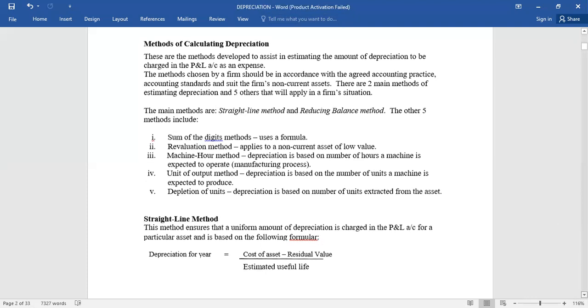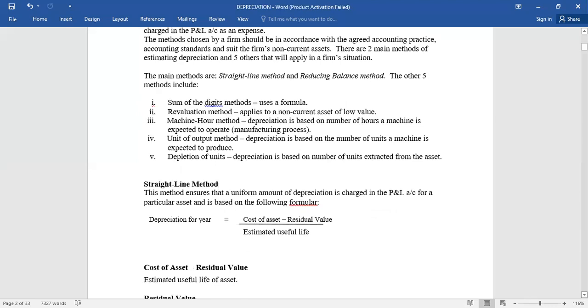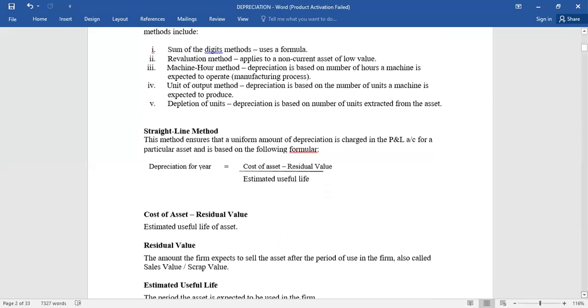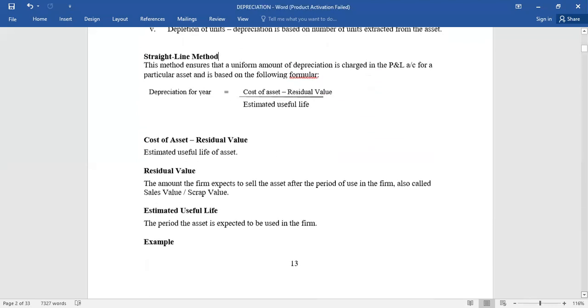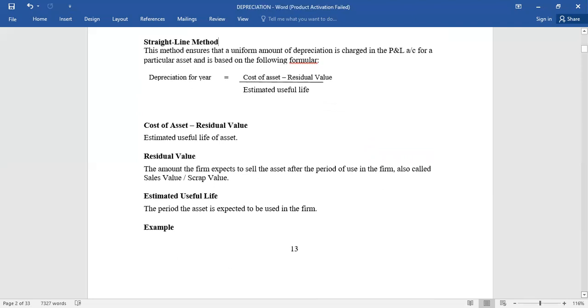So in this case, I want us to look at the straight line method. I've said it is one of the methods that you'll be using at this level. This method ensures that a uniform amount of depreciation is charged in the statement of income and expenditure for particular assets, and we follow the formula that is highlighted there.